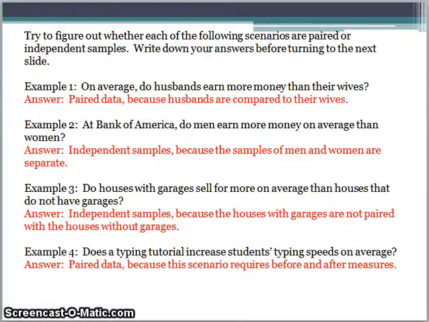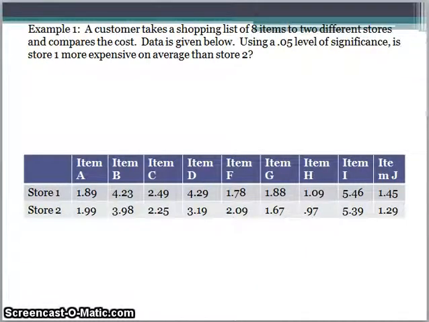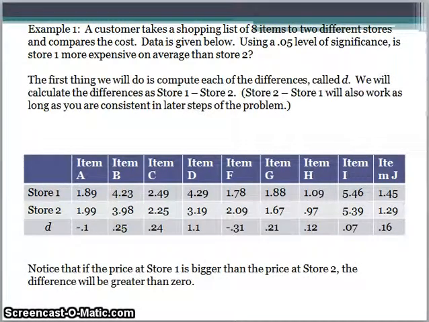All right, so here's another example. You've probably seen commercials like this where you have somebody taking a shopping list to different stores and comparing the cost. And they might want to know, is store 1 more expensive on average than store 2? Well, the way we conduct this test is we compare the differences.